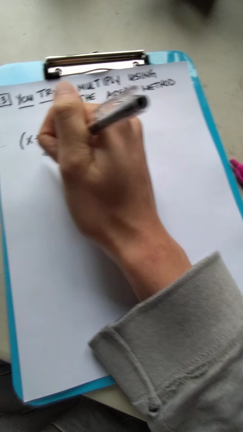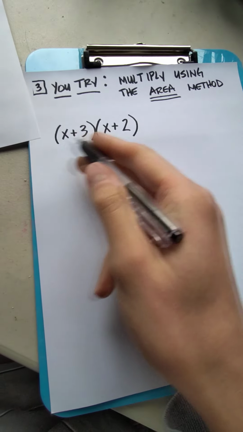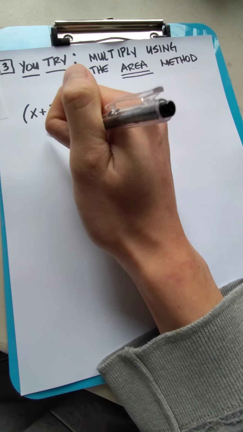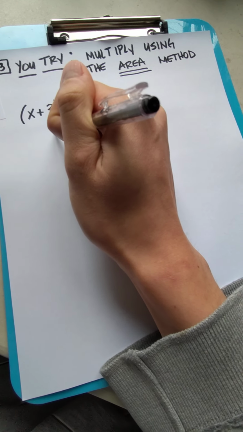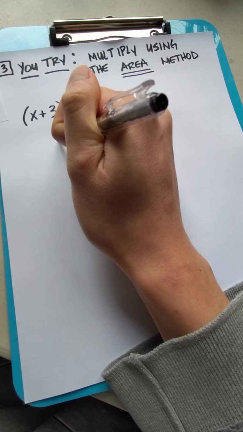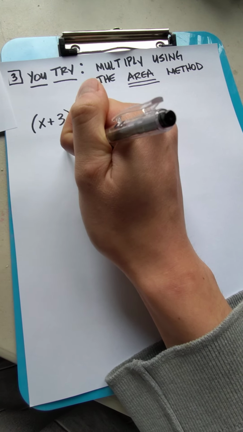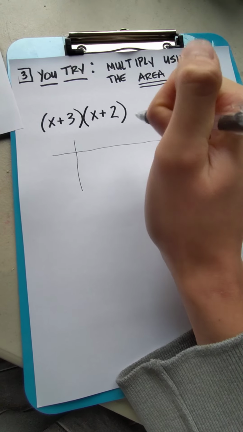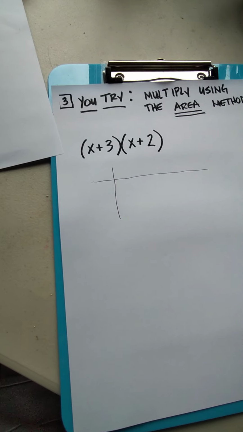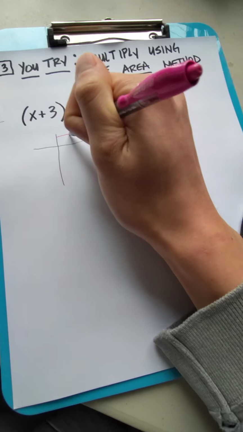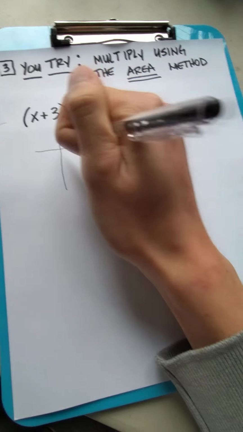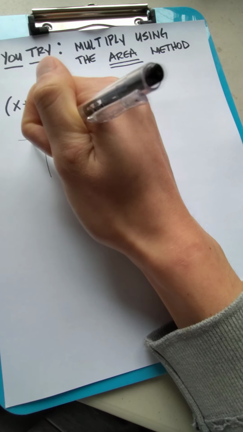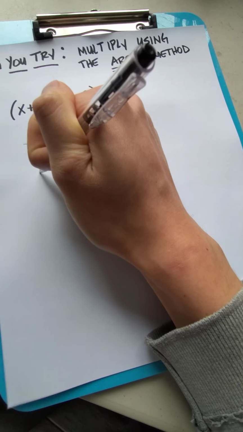We're going to use x plus 3 on this horizontal side and x plus 2 on the diagonal side. I'm going to create a table first. We're going to put an x right here, an x right here.